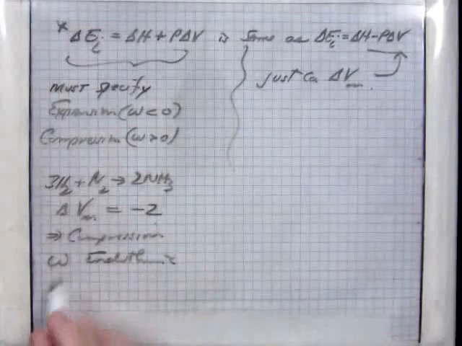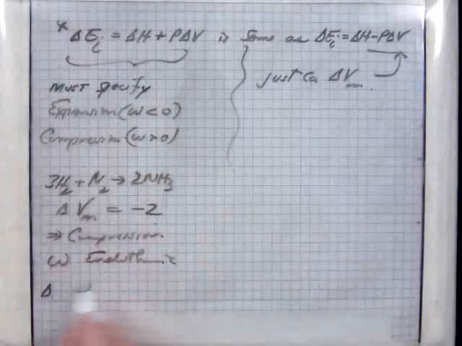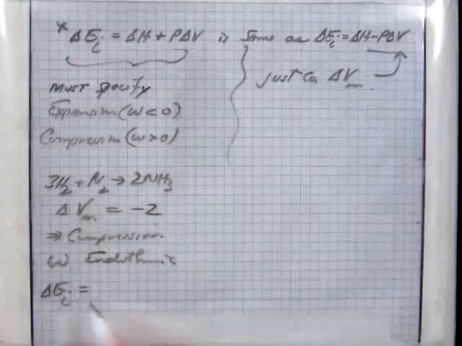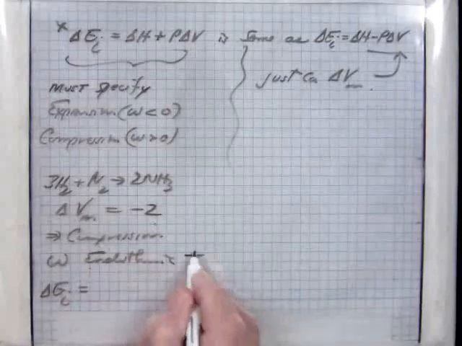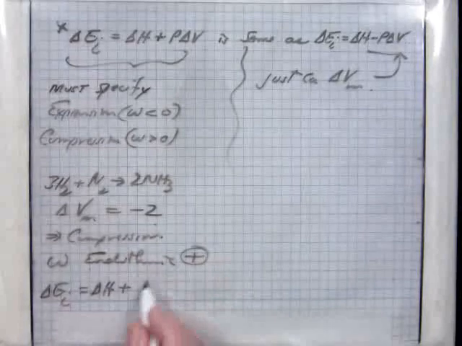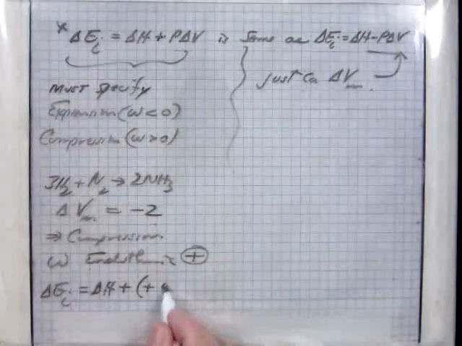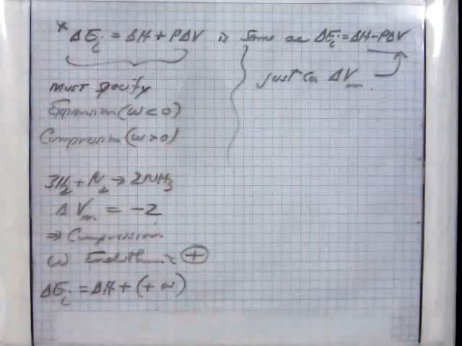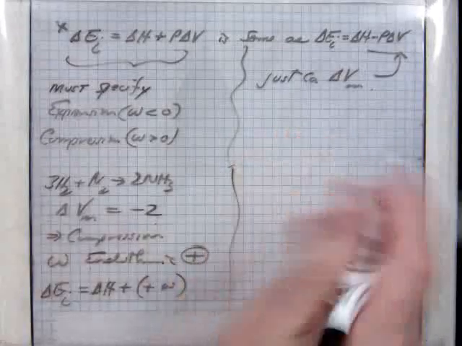When you calculate your delta E, you have to put that endothermic plus into delta H plus work, like that. You made that assignment. Over here, you don't have to do that.